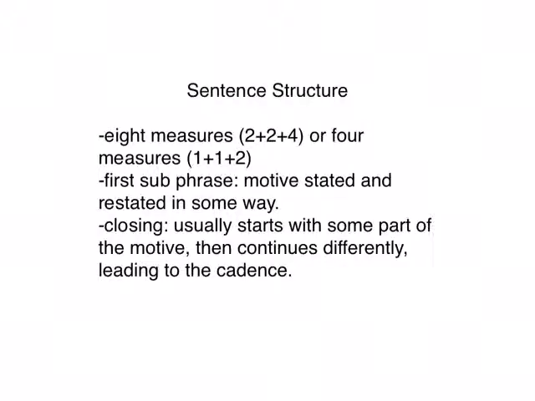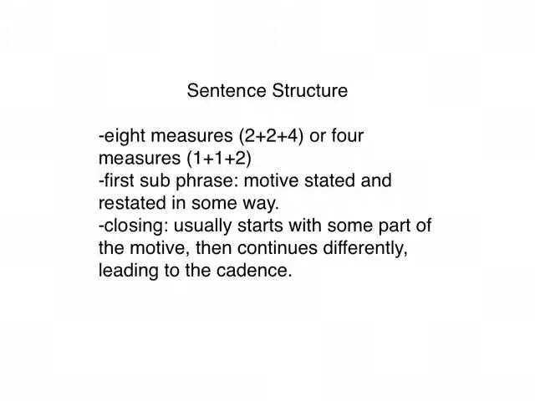One more idea for this video cast, and that's something called sentence structure. In a phrase, we say that it exhibits sentence structure if in an 8-measure phrase the motive is heard for 2 measures, usually a variant of the motive for another 2 measures, and then 4 measures that form some kind of contrast that may start with the motive but go off in a different direction.